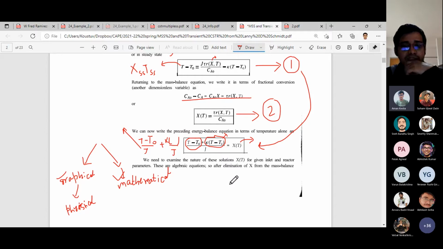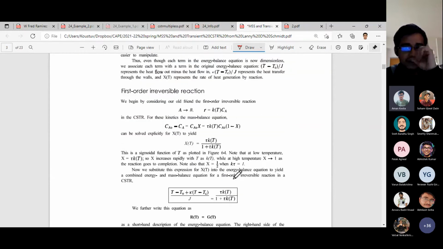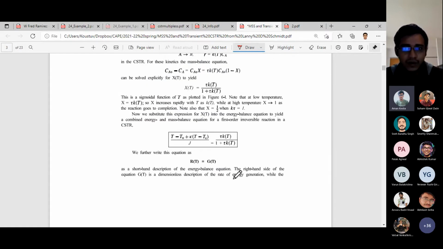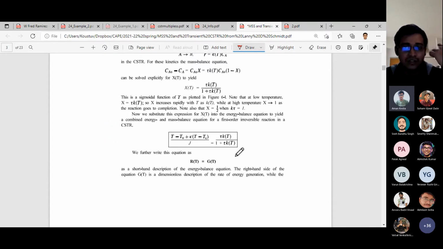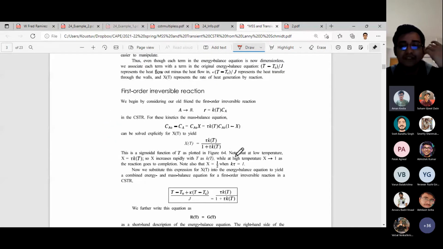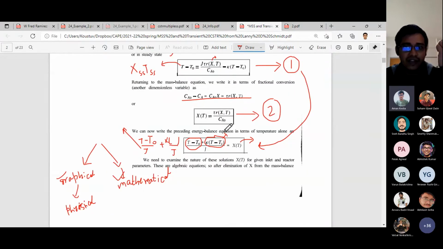So this equality expression holds true, and just knowing this physical meaning, we have expressed it more explicitly, as you can see here, that X is a function of temperature. It is not just a scalar quantity or a constant value; X is a function of temperature.